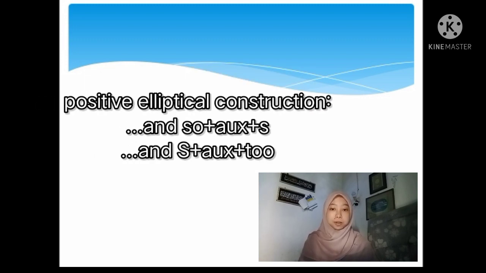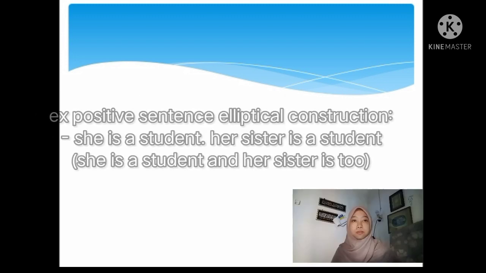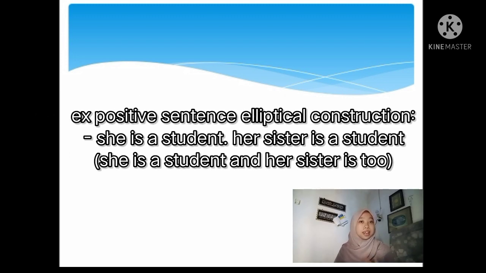Positive elliptical construction. Formula: and so plus auxiliary plus subject, or and subject plus auxiliary plus too. Example, positive sentence, elliptical construction. 1. She is a student, her sister is a student.